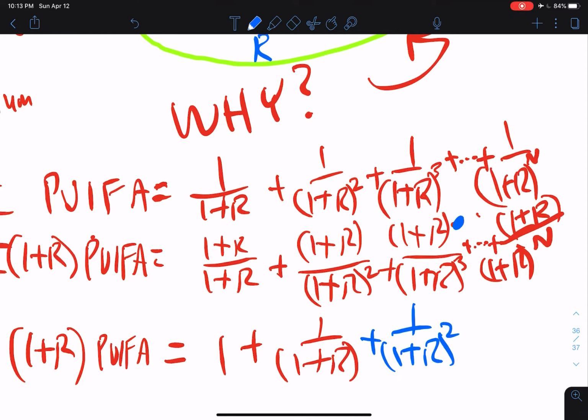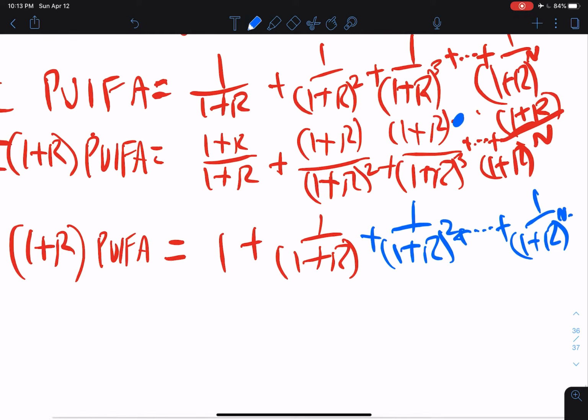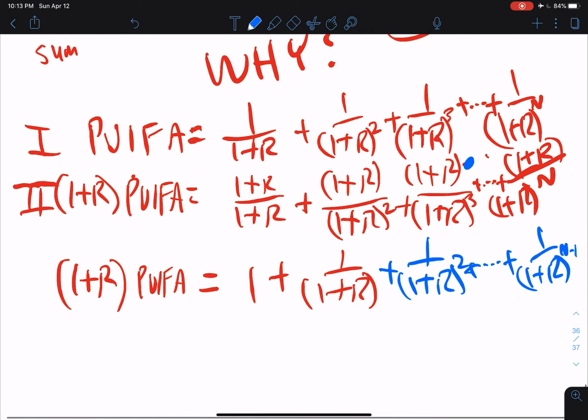And then we have plus dot dot dot plus, and this last term becomes 1 over 1 plus r to the n minus 1. Okay, fine. That's what we have. And this is equation 2.